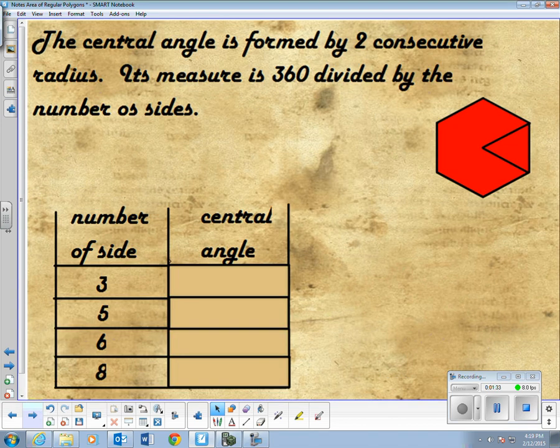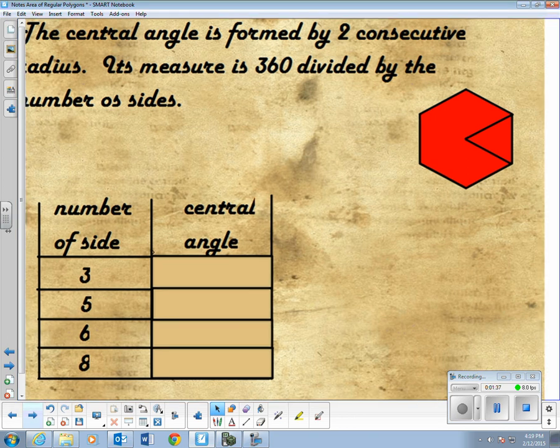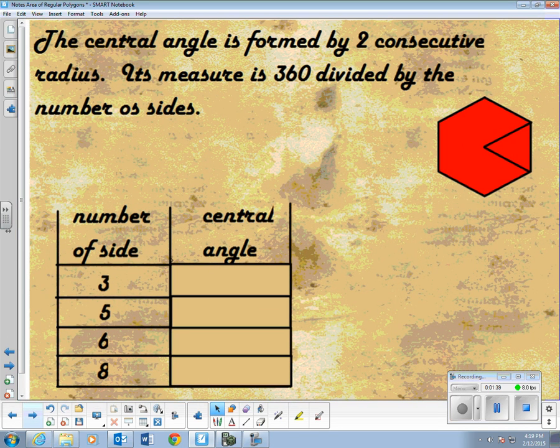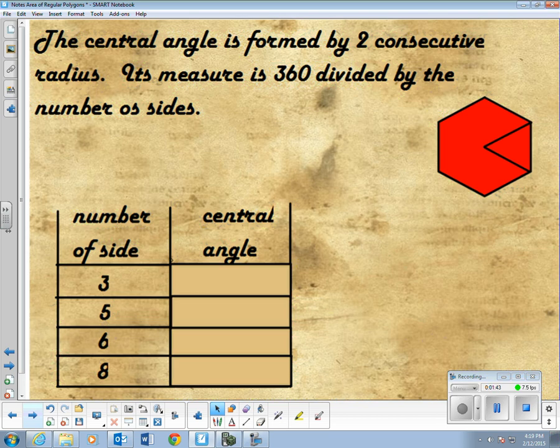If we have a regular polygon and we have that central angle formed right here in red, it changes as the number of sides change. In order to find the measure of that central angle, we take 360 degrees and divide by n, and that gives me the measure of the central angle.